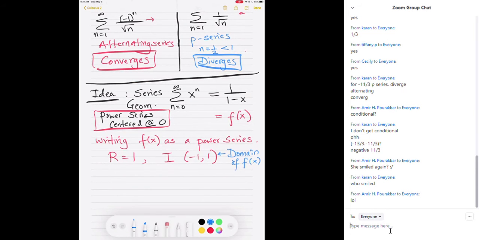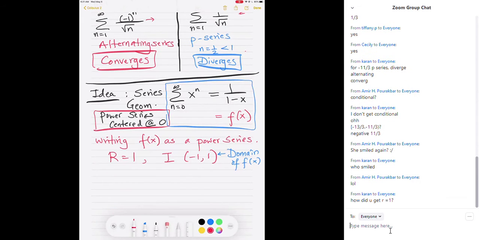And you should be absolutely clear. Otherwise, you're going to get confused as we move on. So any questions about the things that I just wrote there? And when I'm saying this is the domain of f, I'm only talking about when you're saying that this f of x is equal to this power series.